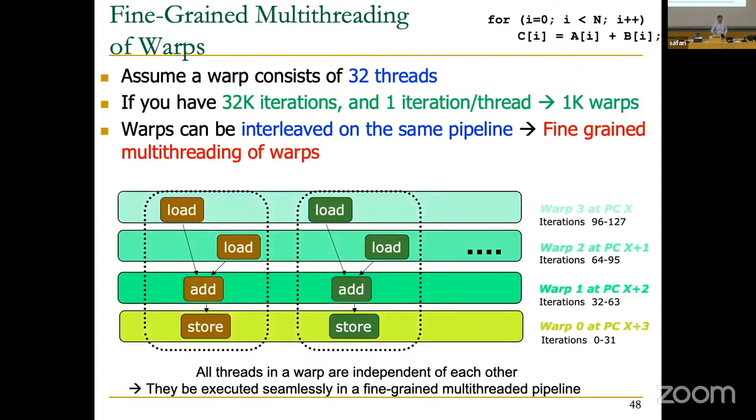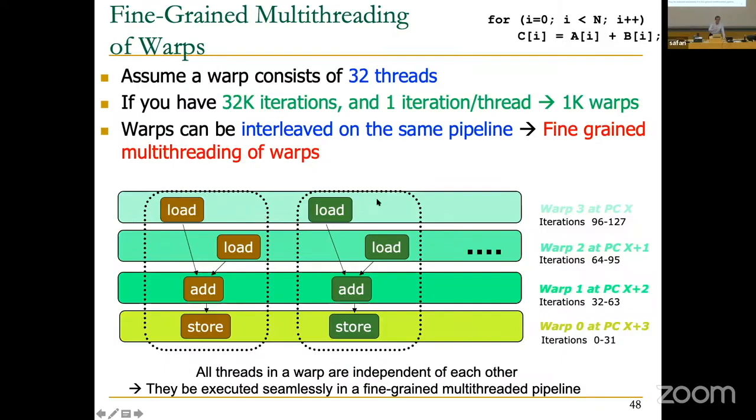Okay, so let's take a look at the fine-grained multi-threading. It's the same example over here. All threads in a warp are independent of each other, so they can be executed seamlessly in a fine-grained multi-threaded pipeline. Let me give you the example. So this is warp 0, and this is a filled pipeline. Initially, you fetch warp 0. Warp 0 executes program counter X, meaning the first 32 iterations and just this load.